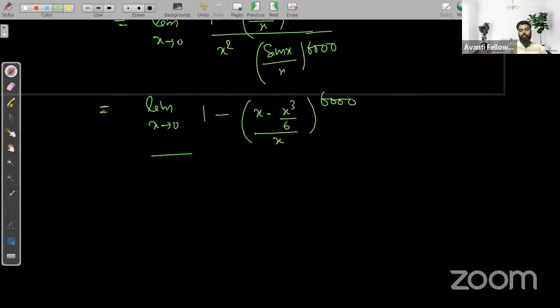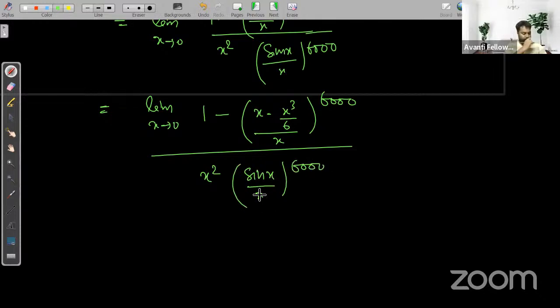In the denominator also you will have x square into (sin x upon x)^6000, right?